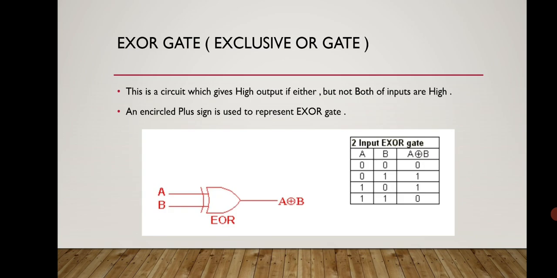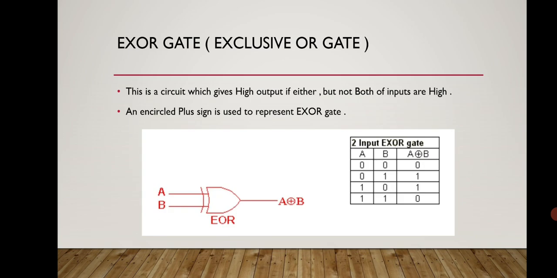This can be expanded as A dot B bar plus A bar dot B. Here the output of the XOR gate is high in two conditions only. When any one of the inputs is high, the output will be high. In the other two conditions, the output of the XOR gate will be low. The encircled plus sign is used for this XOR gate.